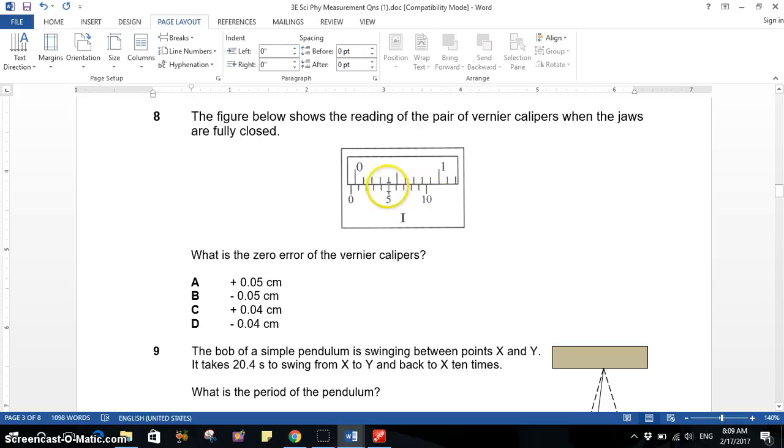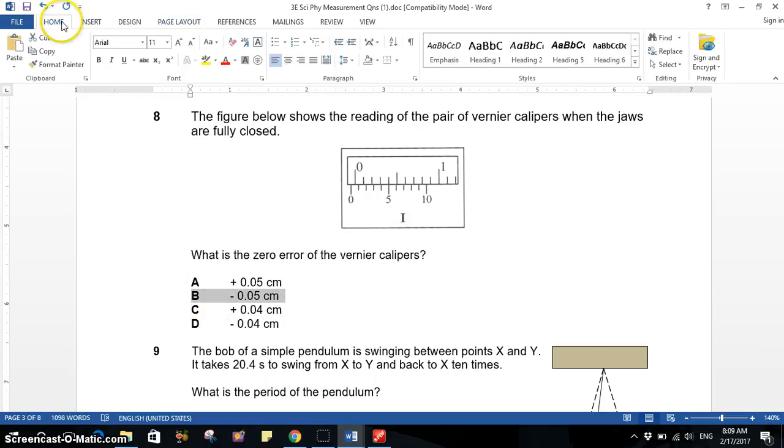So the one in line with the main scale is 5. So zero error means I'm 1, 2, 3, 4, 5. I'm 5 divisions away, so my error has to be negative 0.05 mm. If they give you the answer in mm, it will be negative 0.5 mm.